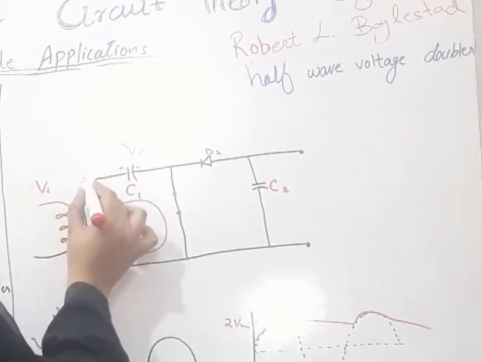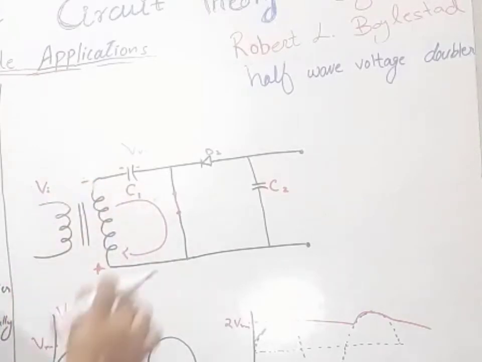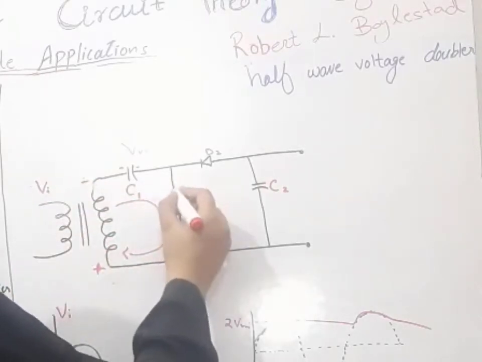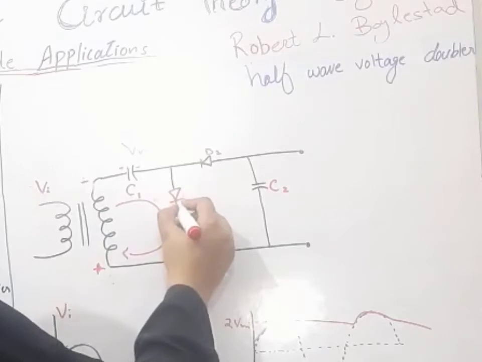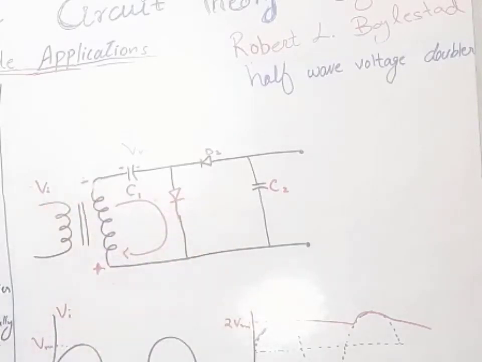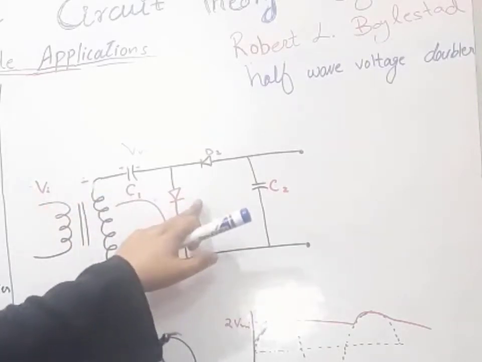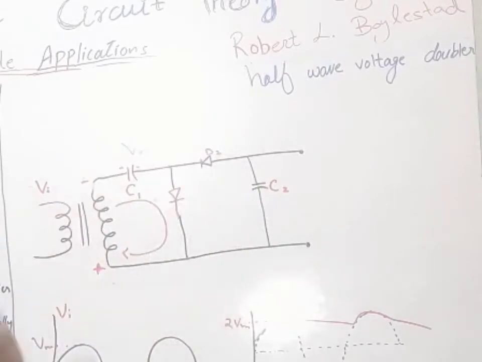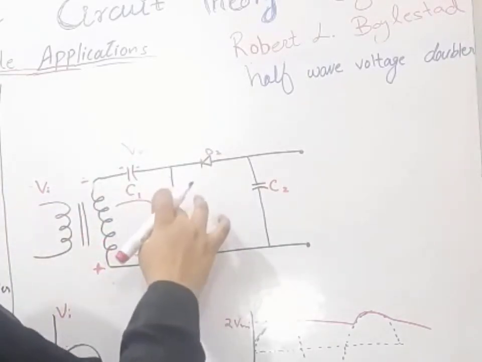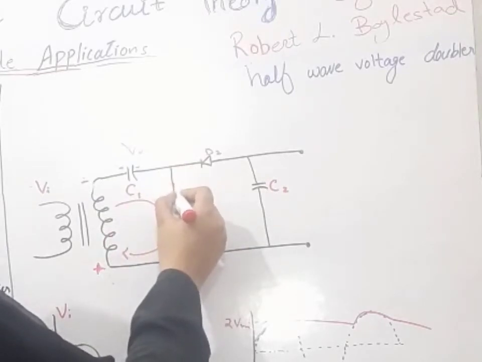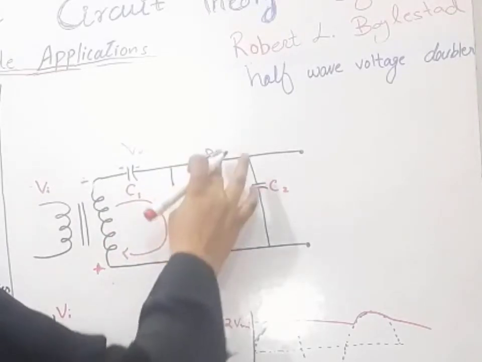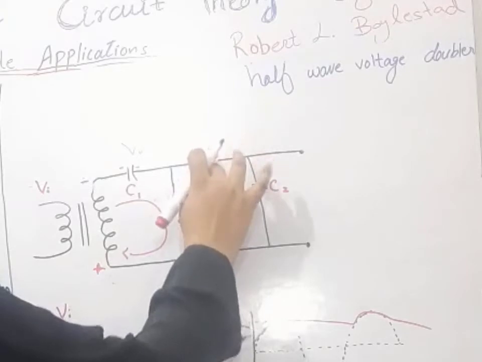For the negative half cycle, our diode D1 will be reverse biased and our diode D2 will be forward biased. So D1 will act as an open circuit and D2 will act as a short circuit.